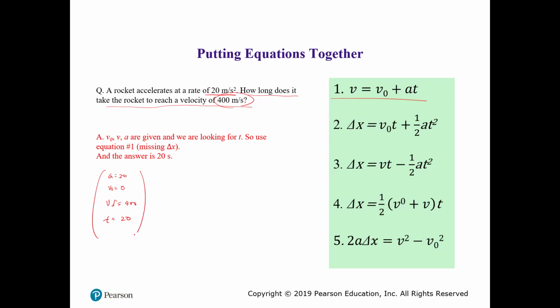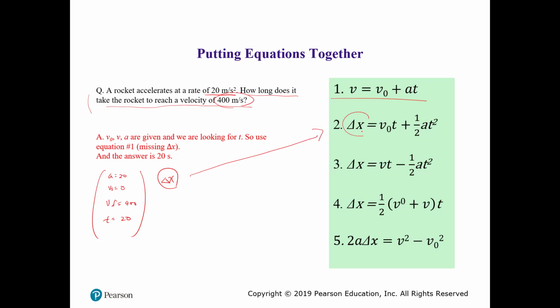So now we have about 4 variables, right? So then what is missing? Delta x is our fifth unknown. So in order to completely solve this question, we have to find delta x as well. In general, sometimes the problem asks you to find one of the two unknowns, but sometimes they ask you to find both, right? So always make sure you can find the last one as well.